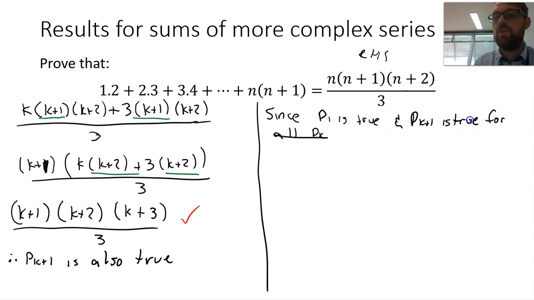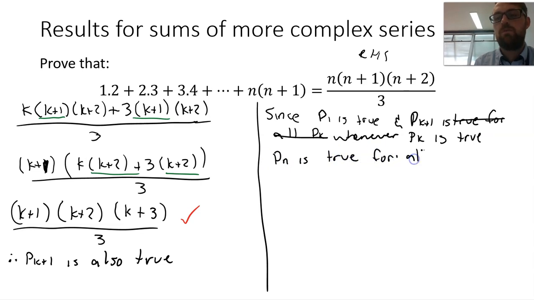Since p of k is true whenever p of k is true, that means our p of n is true for all n.